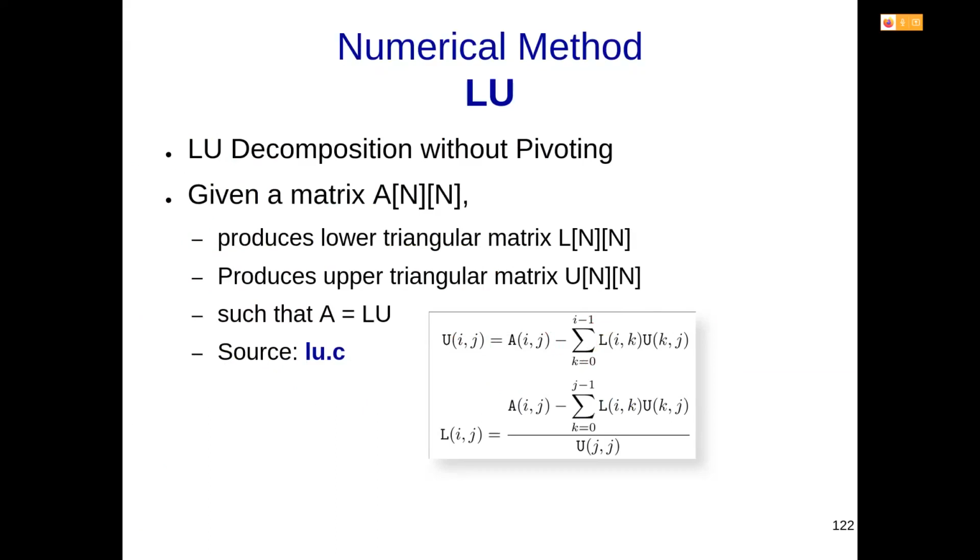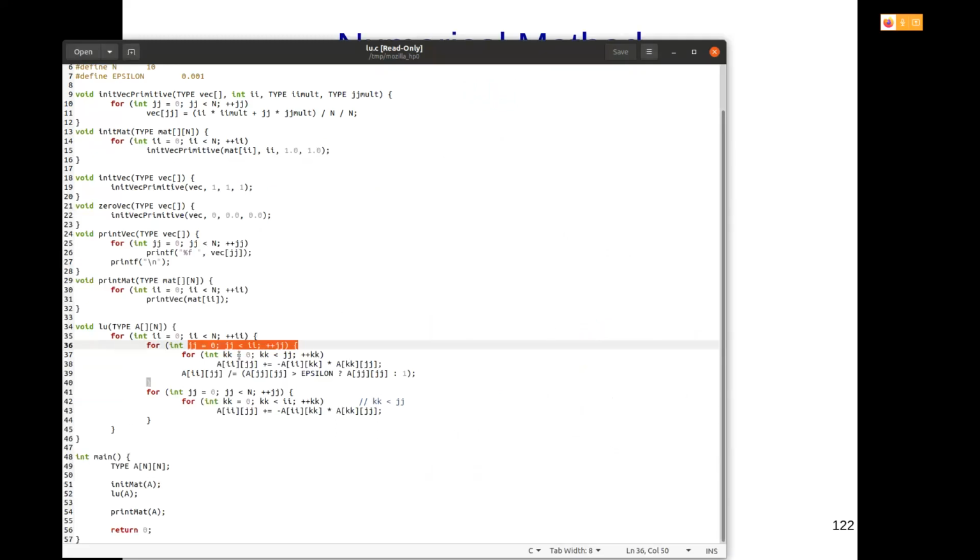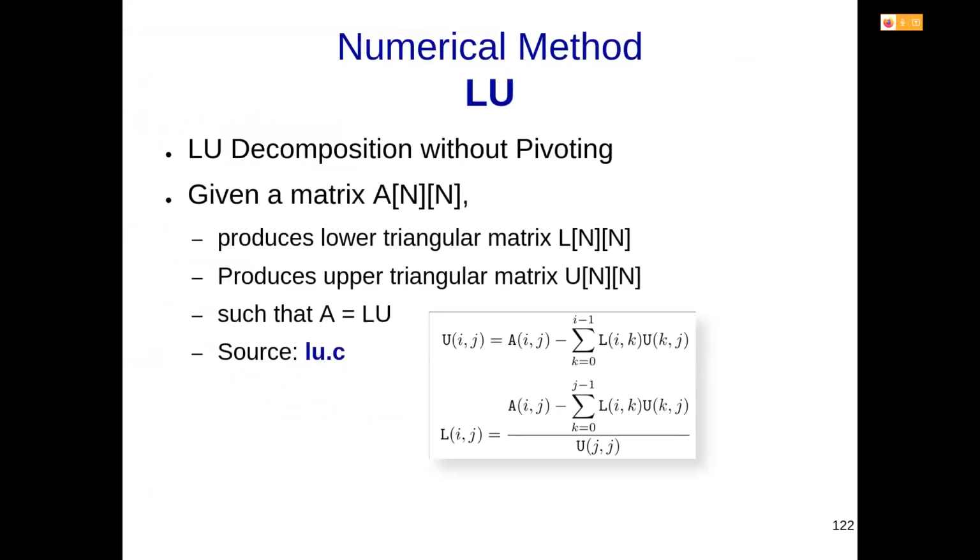So here, although I'm talking about i and j, those are okay, that is going over all the elements, but this k loop needs to go from 0 to the previous index, that is j minus 1, right? So that is our U part, and that gets initialized here. Right? So this update is happening as a of ik into a of kj, so that is L of ik into U of kj, right?